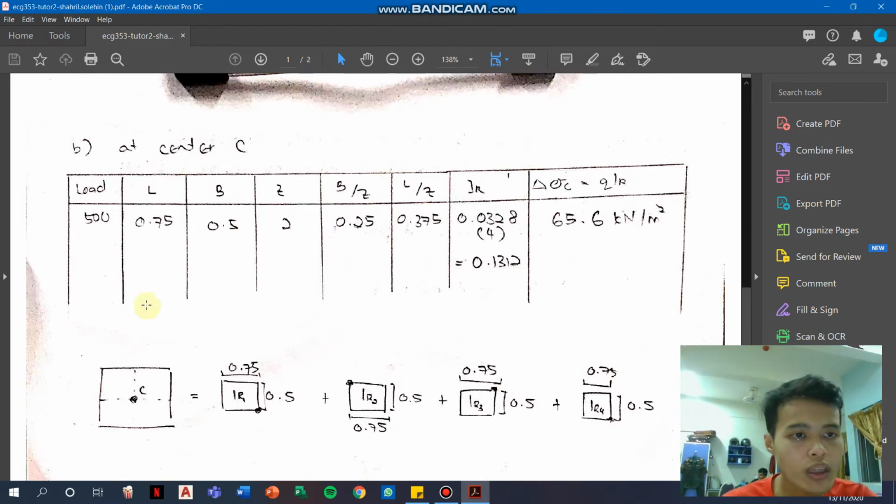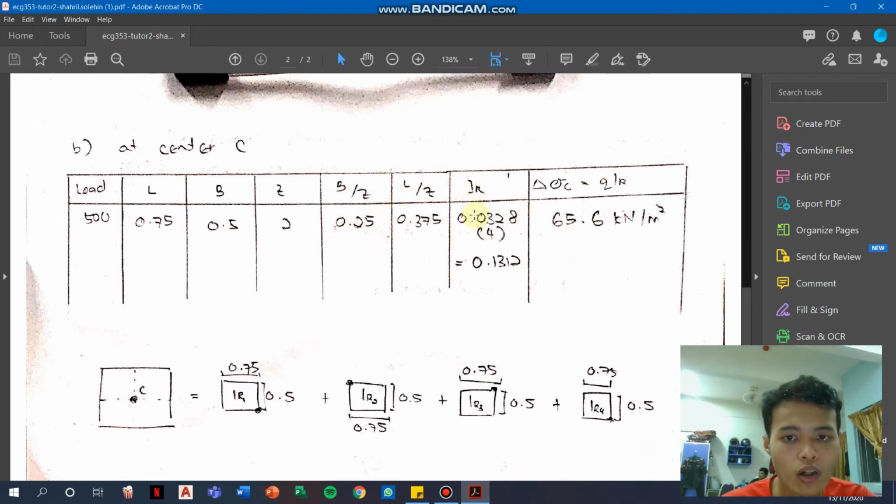We proceed to question B at the center C. The load acting is 500 kilonewton. The length is 0.75, the breadth is 0.5, and the depth is 2. We can find B over Z and L over Z, and IR, by referring to the chart or table.